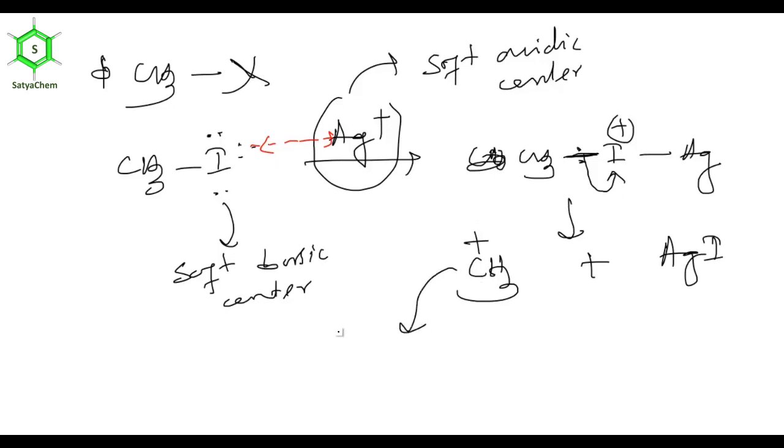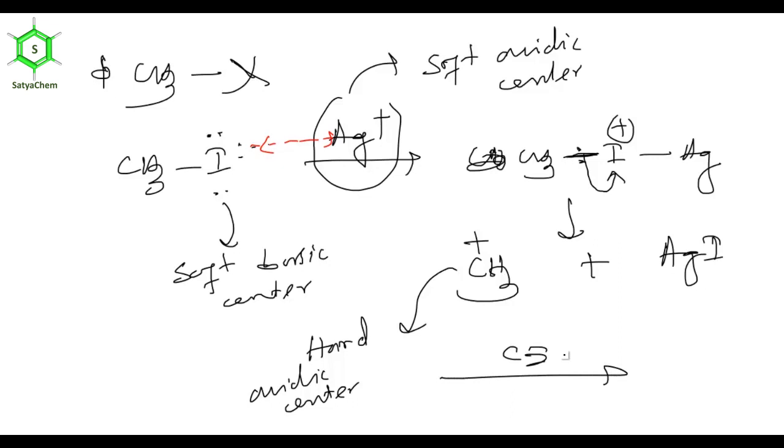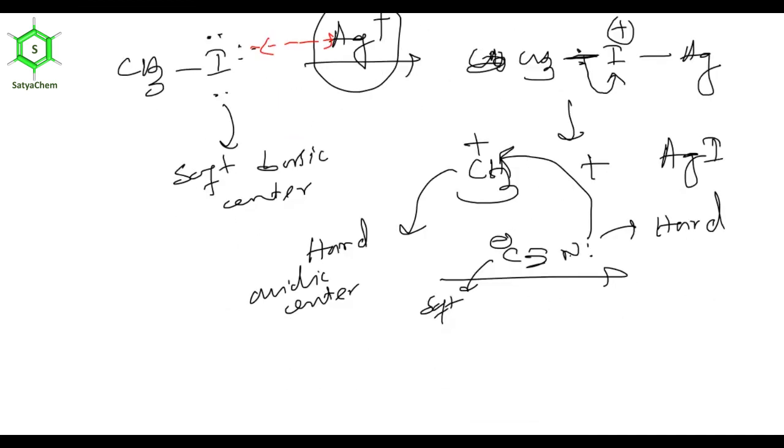So we can consider it as a hard acidic center. Now we have CN minus, where the carbon end is soft and the nitrogen end is hard. So that is why we expect bonding between nitrogen and carbon, hard. And this reaction proceeds through SN1 because we are getting a carbocation.